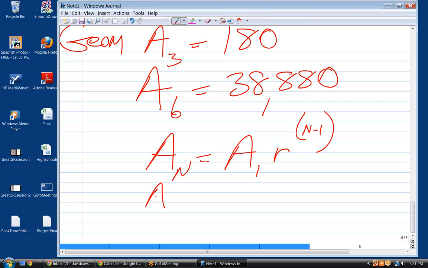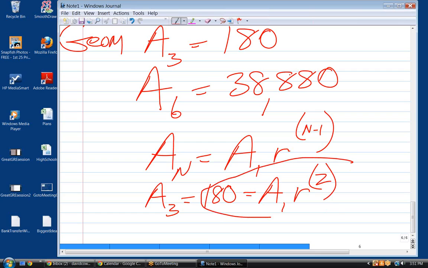The third term, a sub 3, we know that's equal to 180. It's equal to a sub 1 times r squared. We still don't know the common ratio, but that's equal to that. So there's my first equation. 2 variables, a sub 1 and r, we don't know yet.